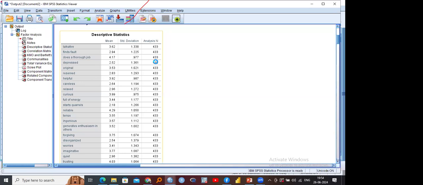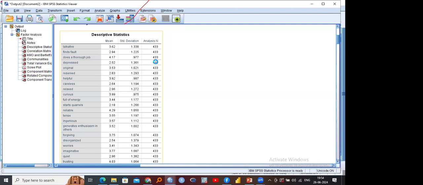So basically, your non-missing data is 433. So your effective sample size has reduced to 433. From 459, it has reduced to 433. That's okay. If you are sure that you don't have missing observations, then you can go for that also.